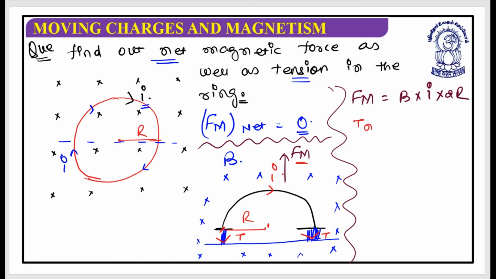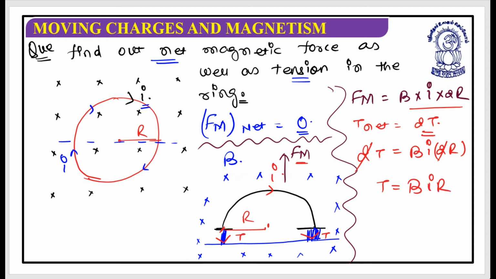So T net, or T total, would be equal to 2T. This 2T would balance this so that the ring does not go in the upward direction. So I can write 2T equals B I 2R, and this 2 can cancel, and T is equal to B into I into R. This is the tension force that is acting on the ring.